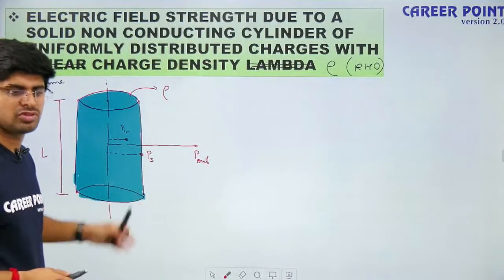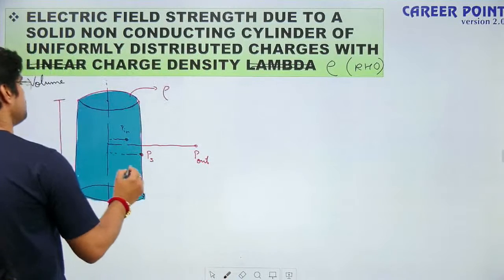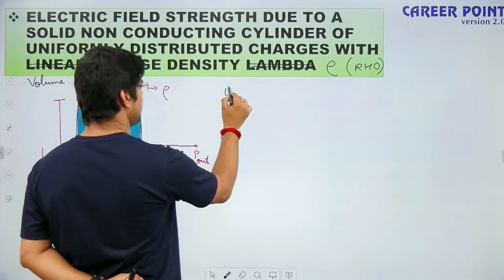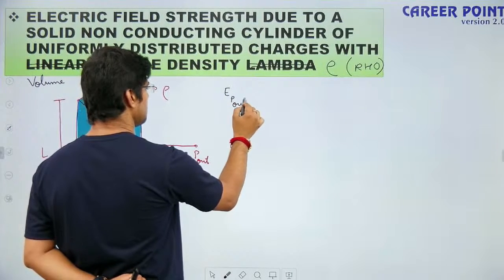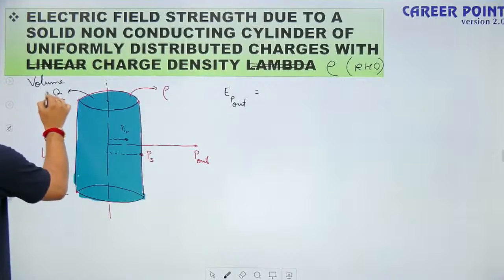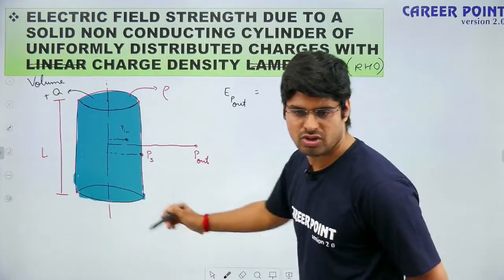Now what are we supposed to do here? Okay, let's see. If I have to find the electric field at P out, I shall assume the whole charge to be concentrated at the axis of the cylinder.